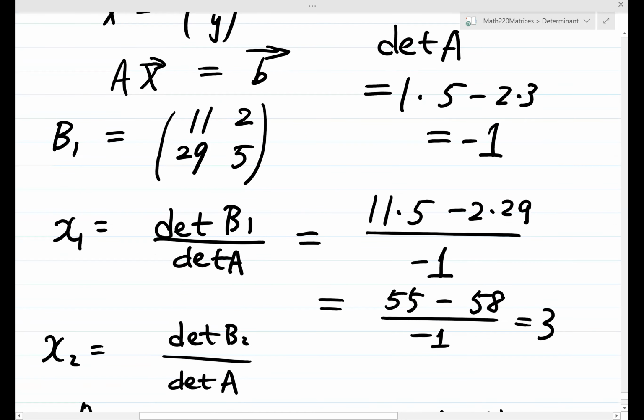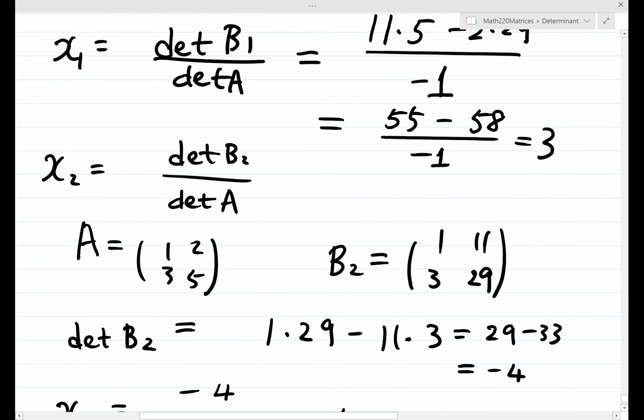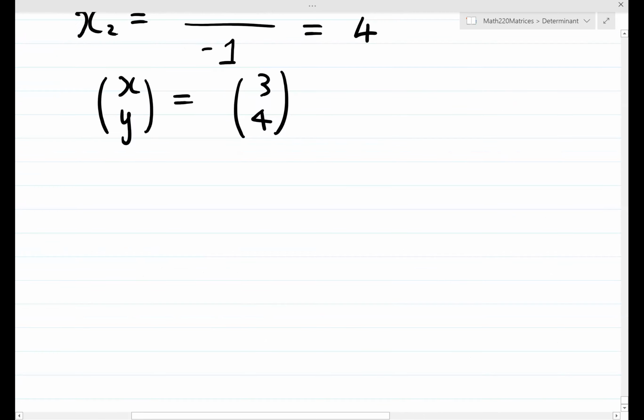Then xi is the determinant of Bi over the determinant of A. This is how Cramer's rule solves a linear system.